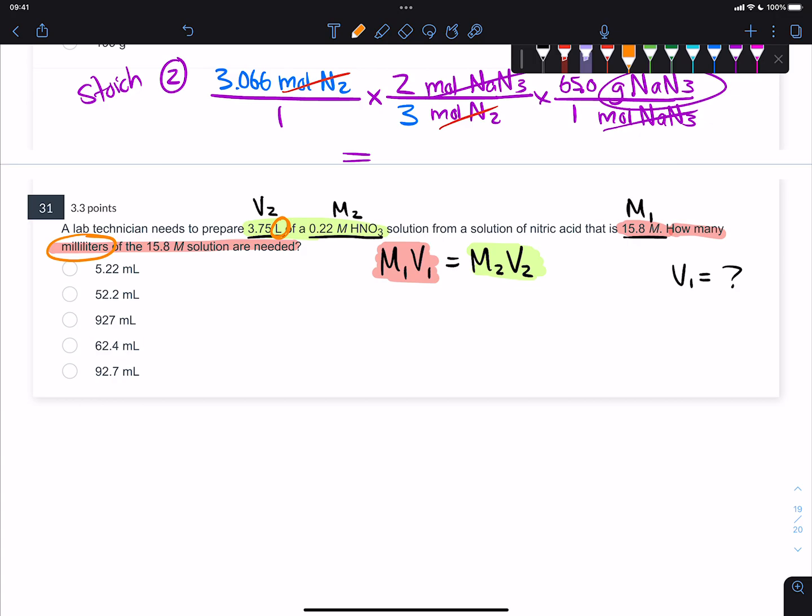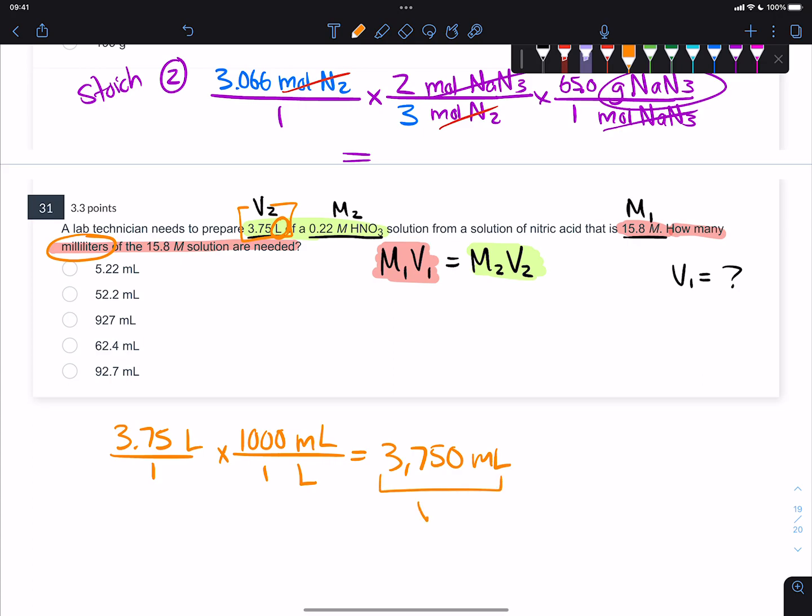I would recommend you take this 3.75 liters and turn those into milliliters. 1,000 milliliters is a liter, and you get 3,750 milliliters. And that's going to be, by the way, your V2. And then you just plug everything in.